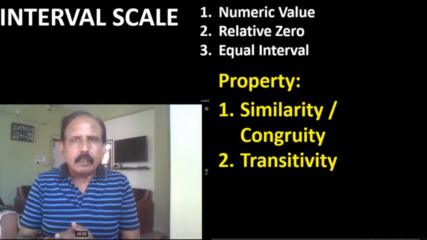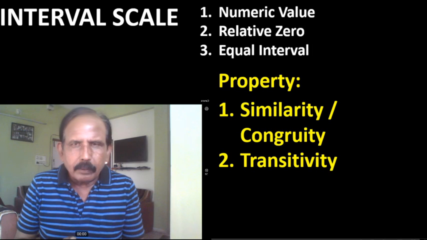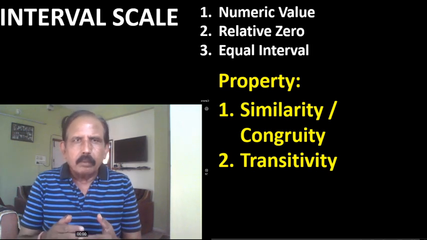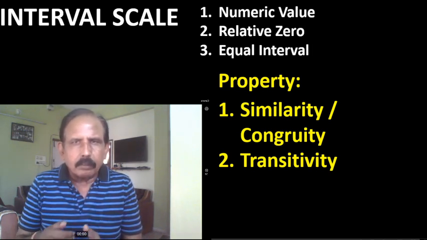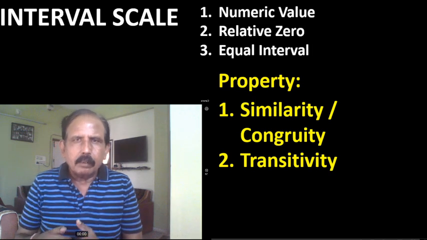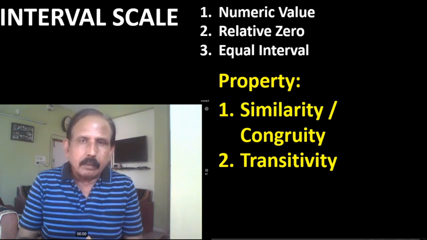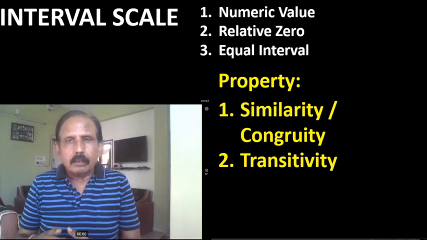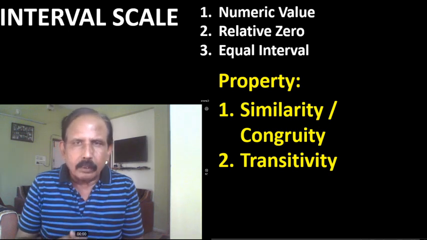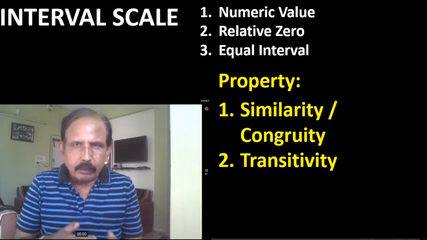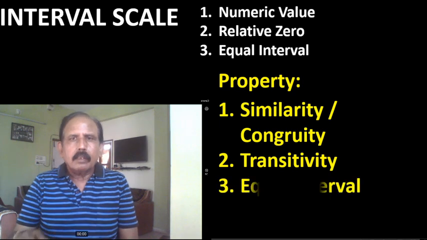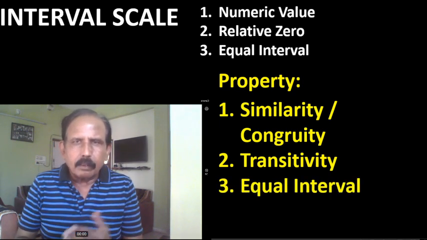Second one is transitivity. Transitivity is there because on the basis of the interval scale we can arrange the subjects in a particular order, and in that case the relationship between three elements according to transitivity can be maintained as we have discussed earlier. And number three, equal interval is there, that we have discussed here.